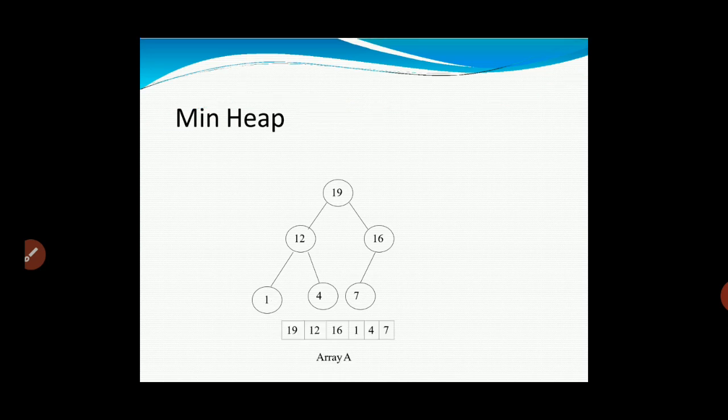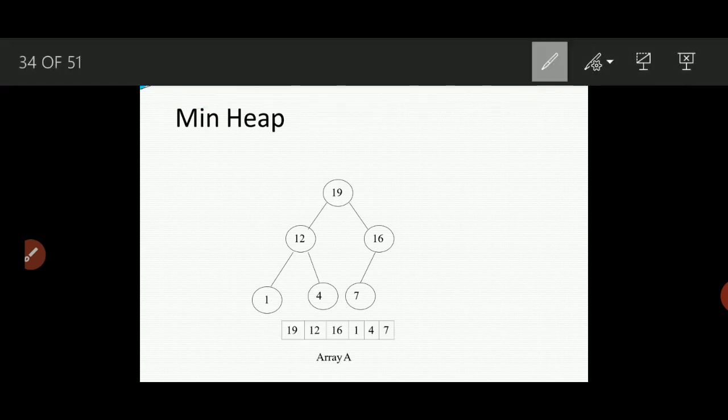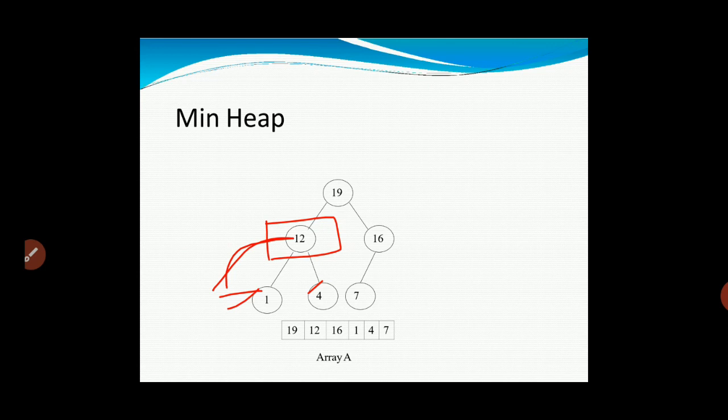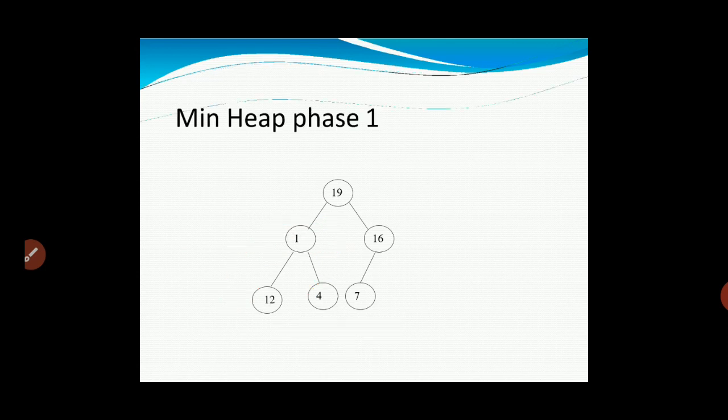Then first we have to check from here. First we start with 16 and 12, where the parent is greater than the child, so this is not a min heap. In a min heap the parent is less, so first of all we check and swap these values.